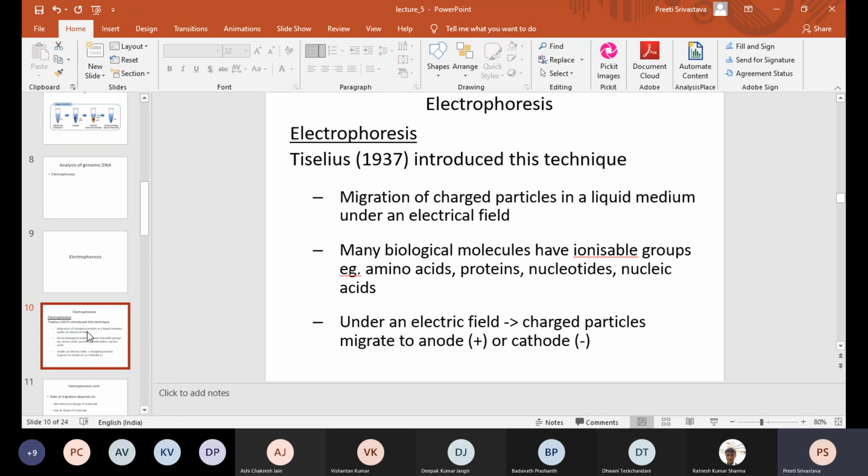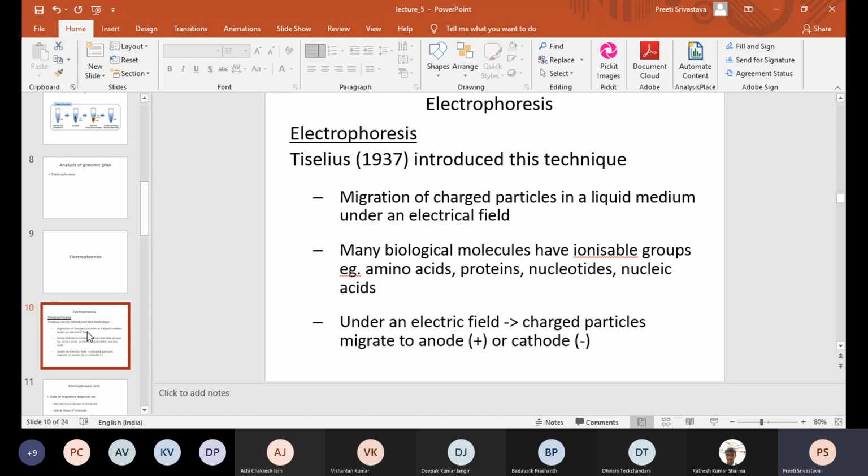So all kinds of separations are possible. You can separate individual amino acids, you can separate peptides, and you can separate proteins. The migration depends upon the charge of the particle. So depending upon the charge on the particle, you can have migration towards anode or cathode.